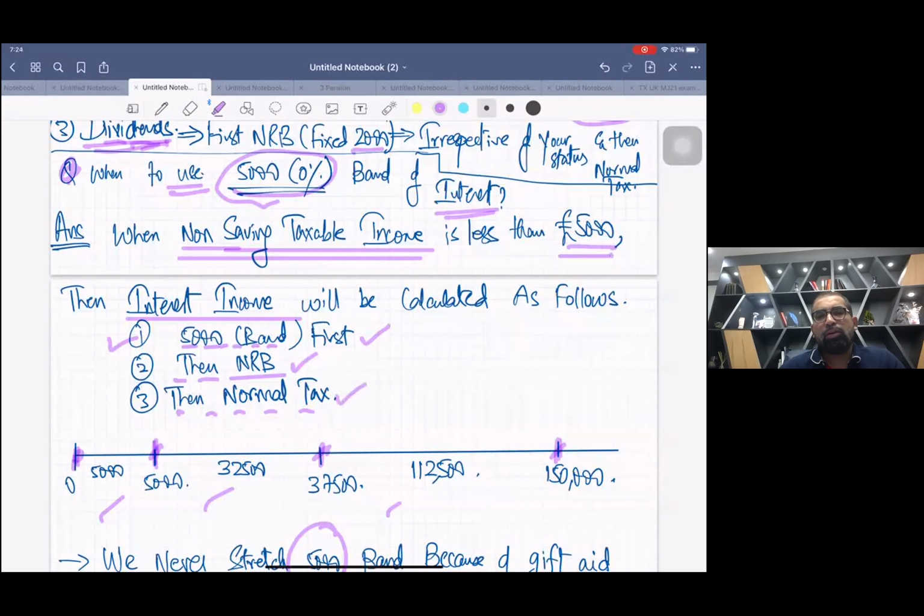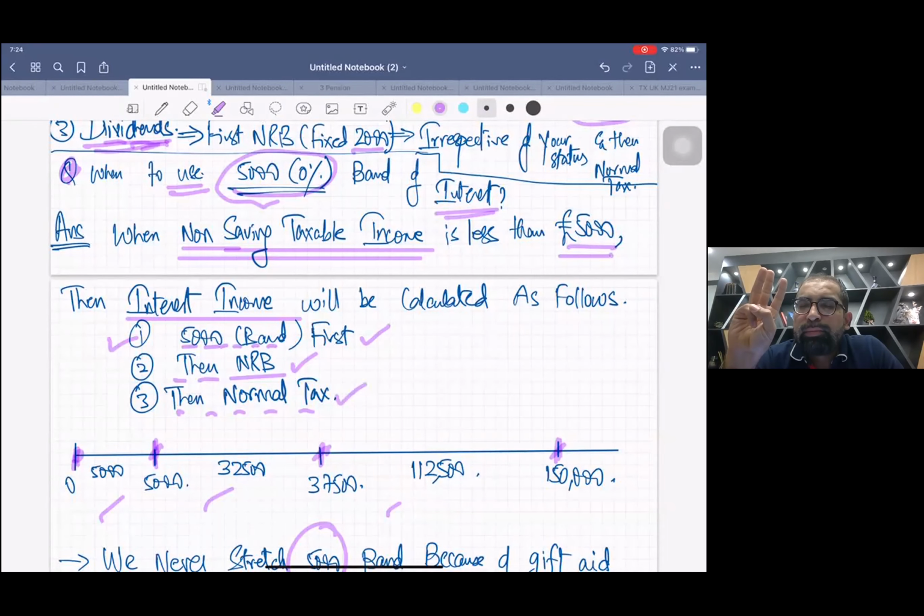I repeat, in this special case, whenever the non-saving taxable income is less than 5,000, you need to calculate interest income tax in three steps. First, use the 0% band, that 5,000 band. Number two, use the interest NRB according to the taxpayer's status.